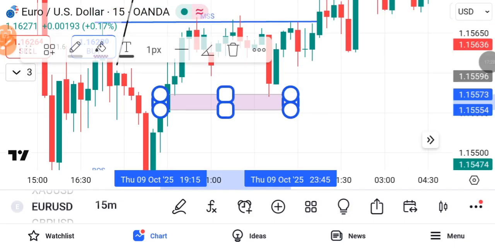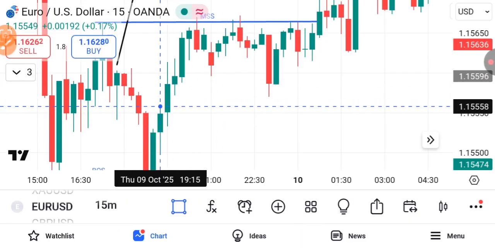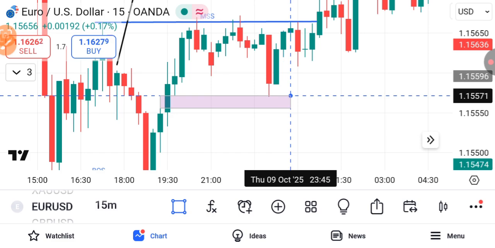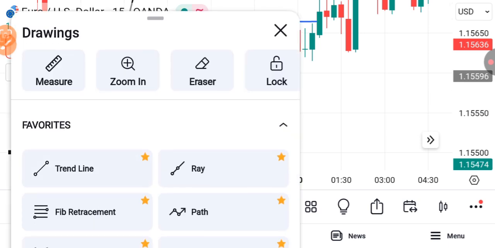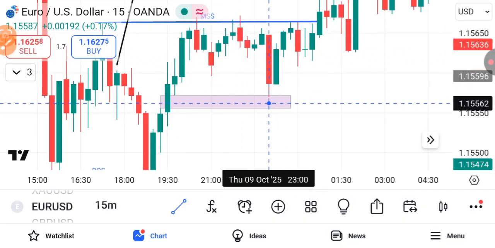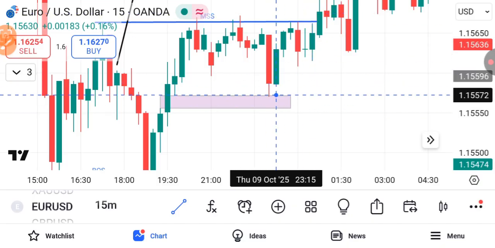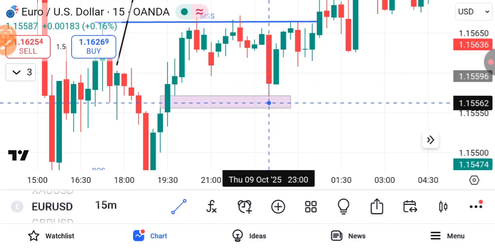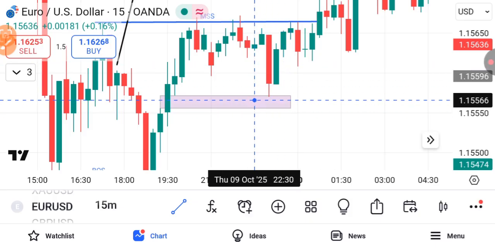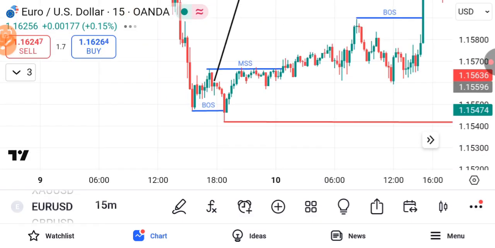This candle and this candle didn't actually meet. So we expect price to come back into this fair value gap before moving in the direction again. As you can see, it retraces back into this FVG. Even though it didn't tap into 50%, at least it mitigates this fair value gap, so we consider it already mitigated.